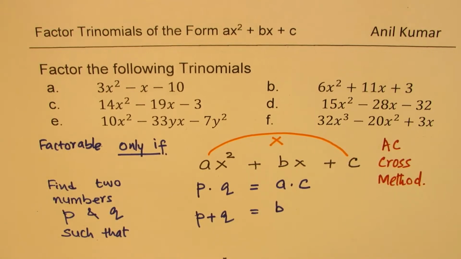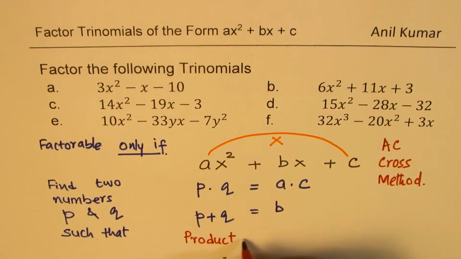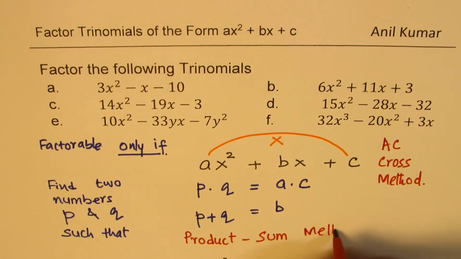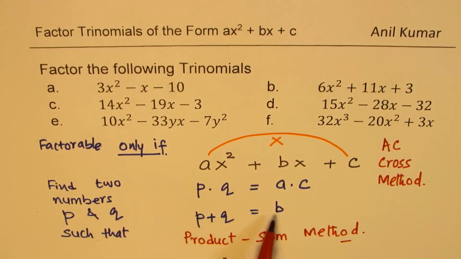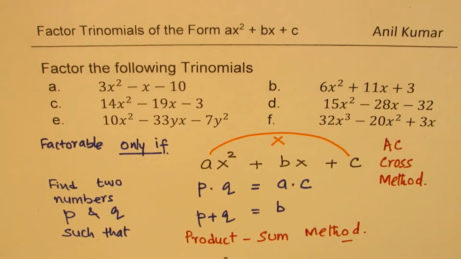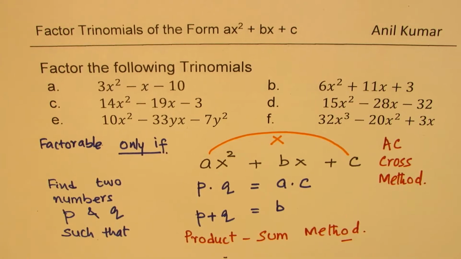So I actually call this method as product sum method. So if you cannot get this combination, then it is not factorable. So I'm not using b square minus 4ac technique. We're not going there at all.